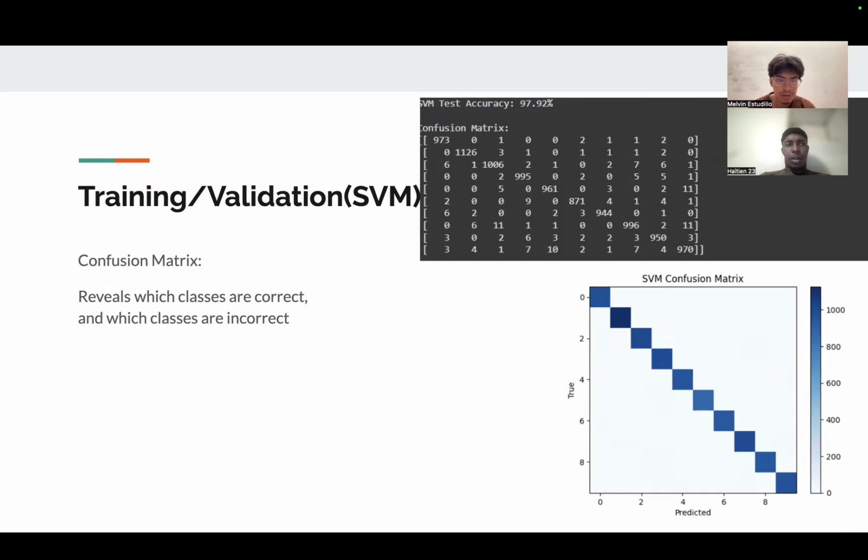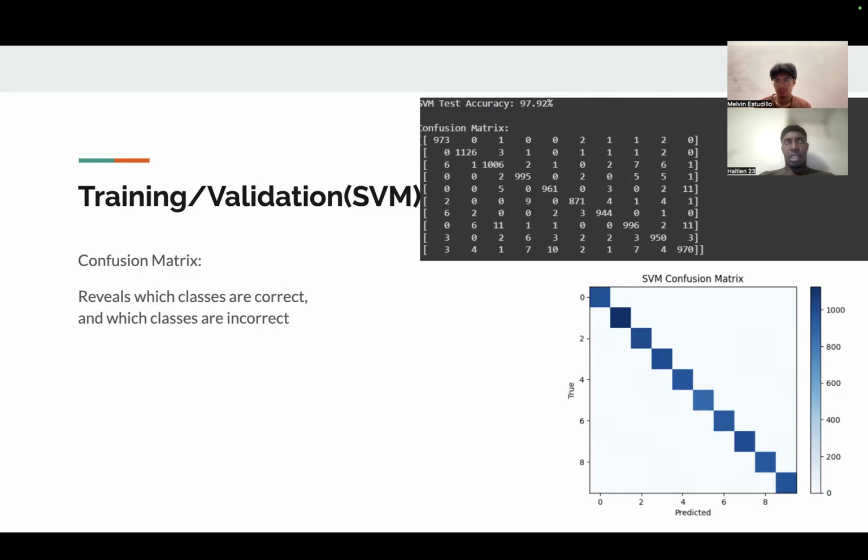Additionally, along with the k-nearest neighbor, we also use a support vector machine, which gave an accuracy of about 98%, which is also roughly on par with the k-nearest neighbor and the convolutional neural network accuracies.